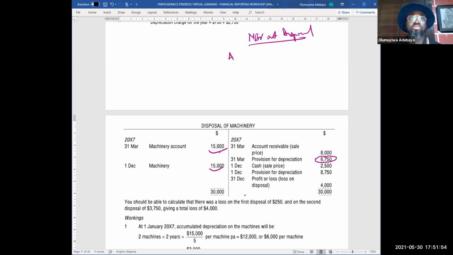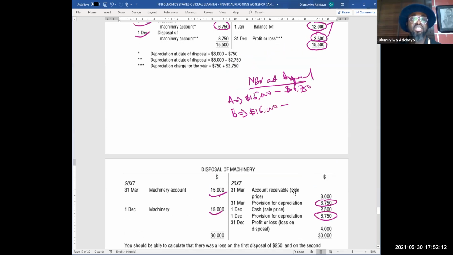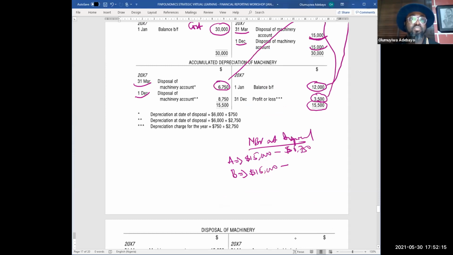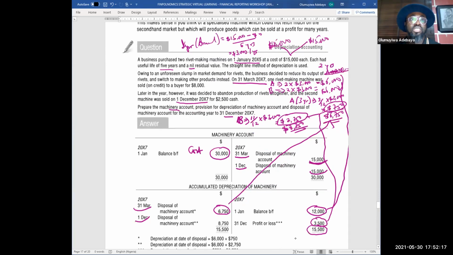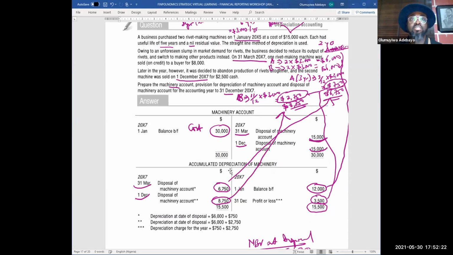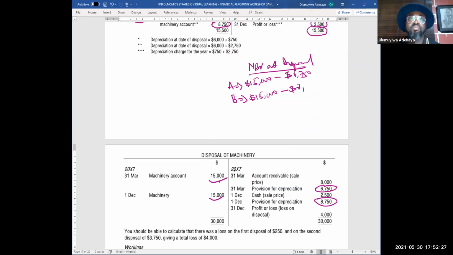Which means the net book value at disposal for A is 15,000 minus 6,750, while the net book value for B is 15,000 minus the 8,750. If you come back here, where do you have the 8,750? The 8,750 is what we have here. Now, we then signify that this is 8,750.